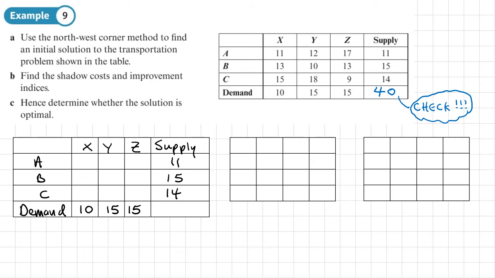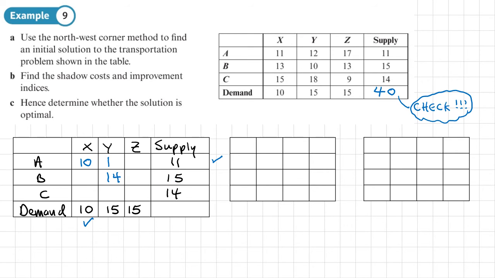Okay, so let's go. X needs 10 units, so I'll put down 10 units. So it's got all that it needs. It hasn't used up all the supply of A. A has one left over, which we can supply to Y. Y needs 15, so it needs 14 more. So this supply is used up. This supplier has 1 unit left.